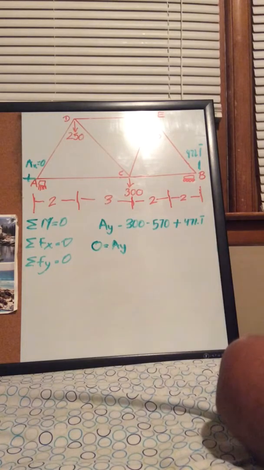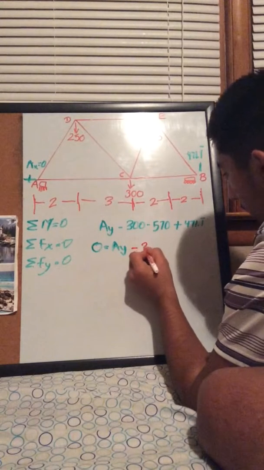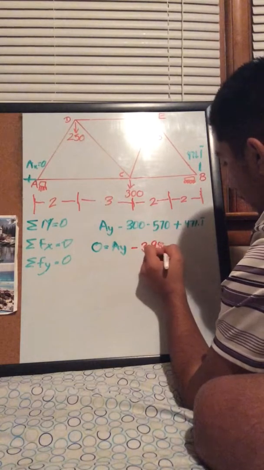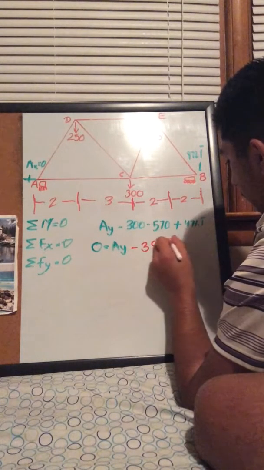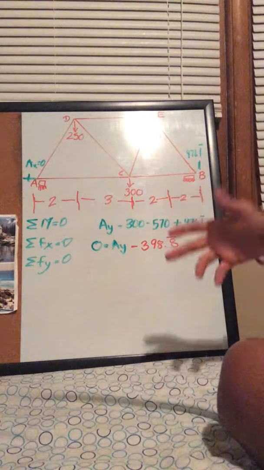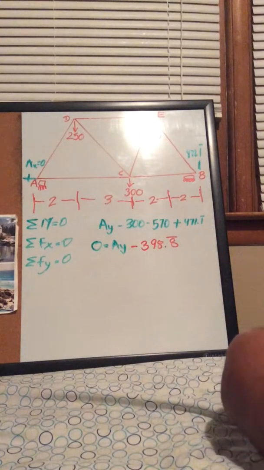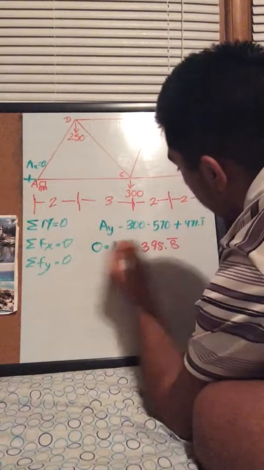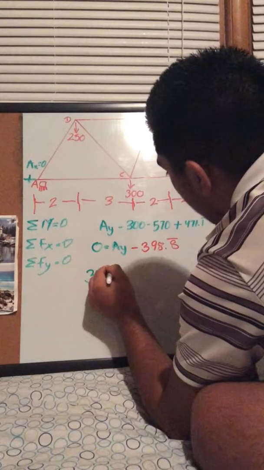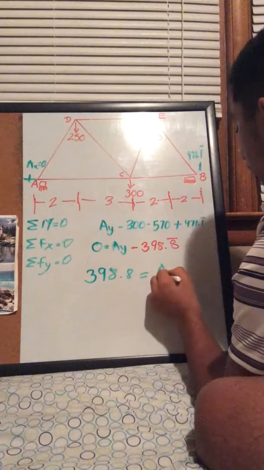That will give us AY minus 398.8, repeating. I use different markers just so you can see that value is from that, and AY is the only variable right now. So you can move this to the other side and it will be 398.8 is equal to AY.